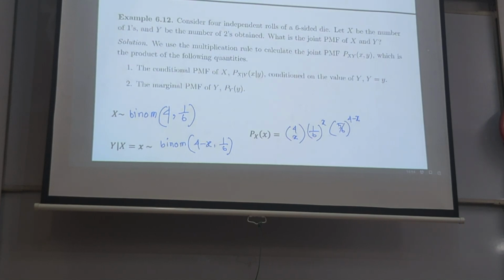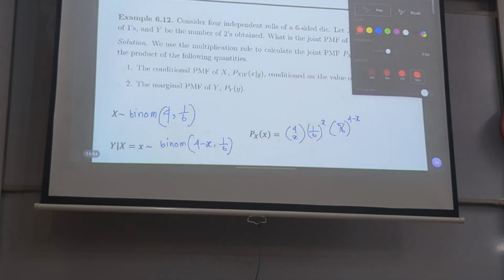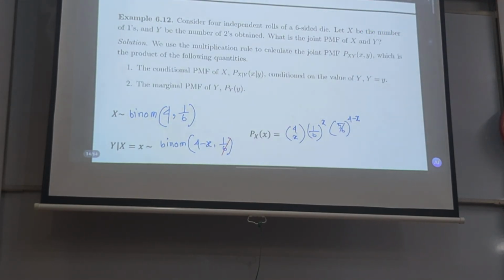Actually, it is not good. Why so? In the remaining 4 minus x rolls, you will not get a 1. Whatever number of 1s you have got, you already got it here. So the probability will be 1 by 5. Is it acceptable?